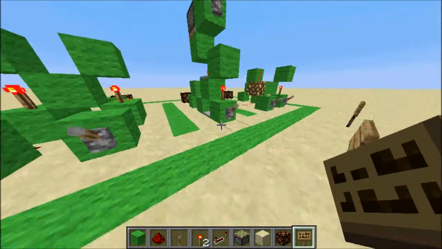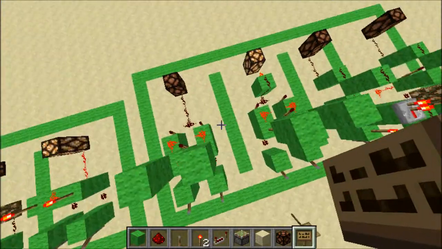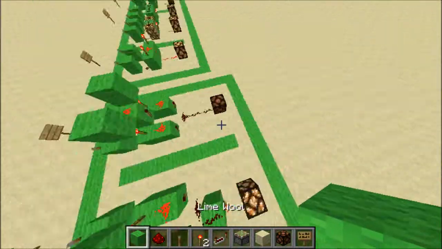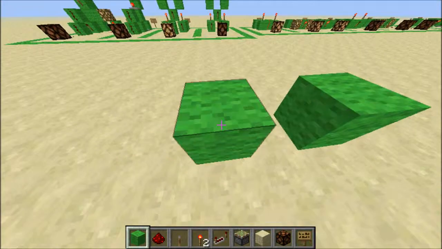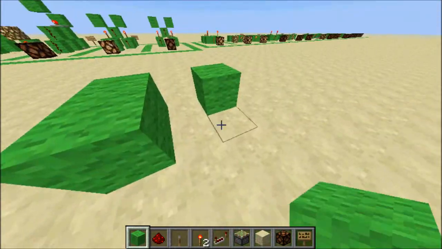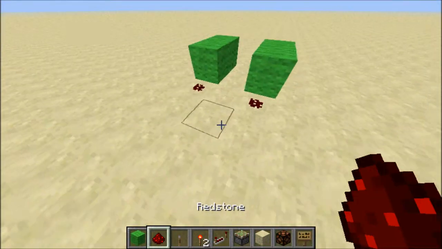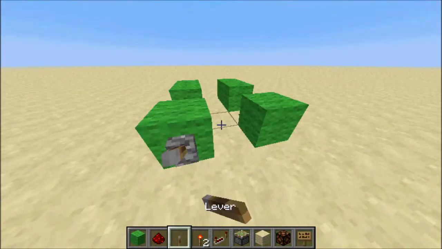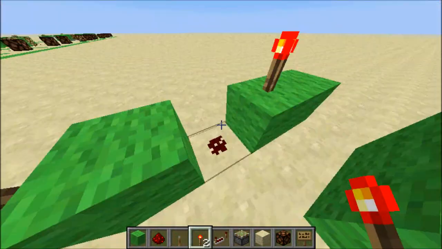Alright. So these are two very basic designs, and I'm going to just build one. So you have the inputs at the back right here. So we're going to invert both the inputs.